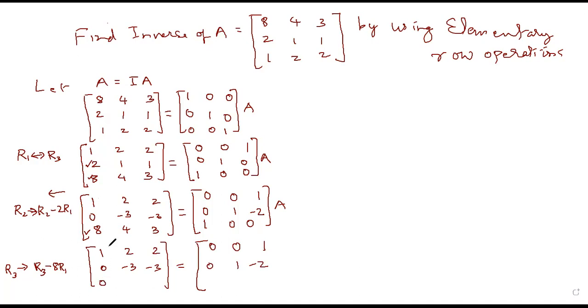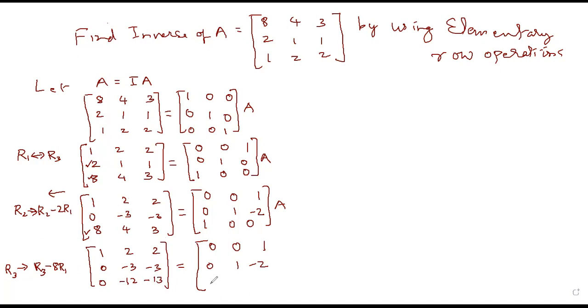So we have achieved the first target, 1, 0, 0. And minus 8 into 2, minus 16 plus 4, minus 12. Here minus 16 plus 3, minus 13.